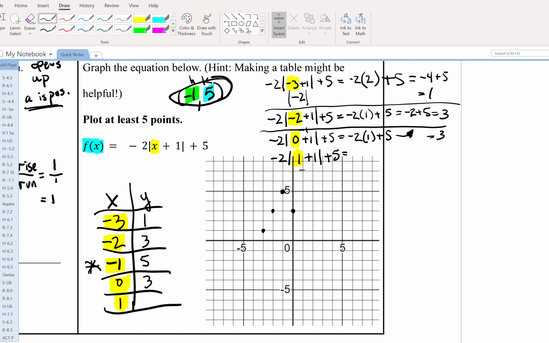In the absolute value brackets here, I've got 1 plus 1 is 2, and the absolute value of 2 is 2. So I've got negative 2 times 2 plus 5. And that's negative 4 plus 5, which is 1. So at 1, we're at 1. Over here at 1, I'm up to 1. And now I can see what's happening.